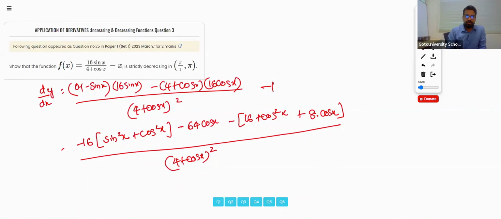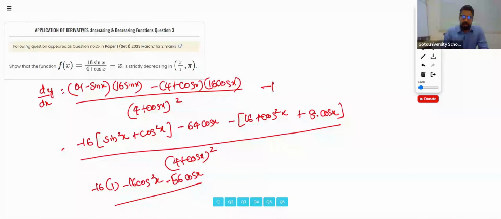So if I solve this further, this is minus 16 into, this will be 1, minus 16 cos square x, correct? And then minus 64 plus 8 is minus 56 cos x divided by 4 plus cos x whole square. So the denominator is going to be positive. That's very clear for us.